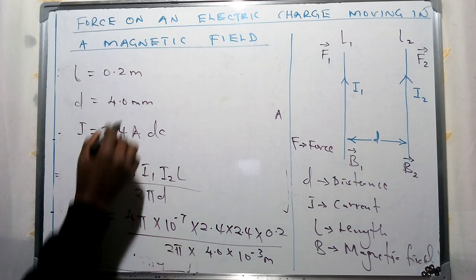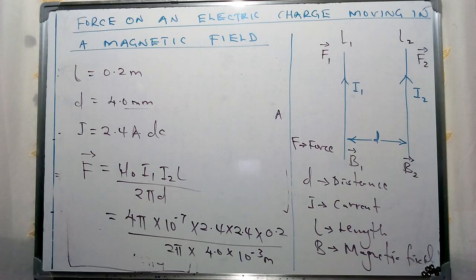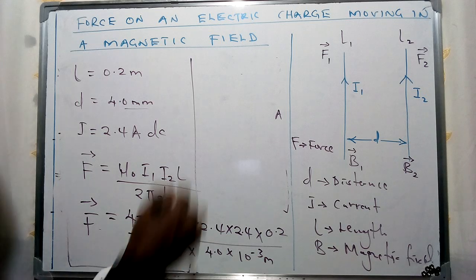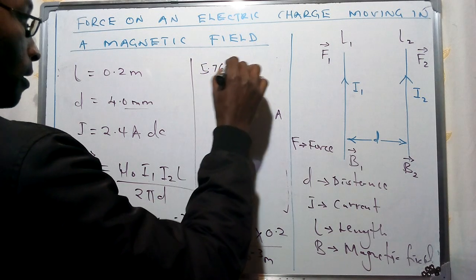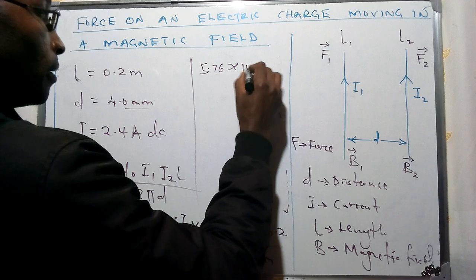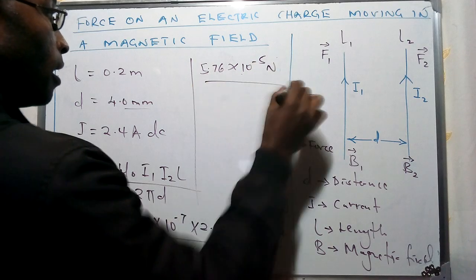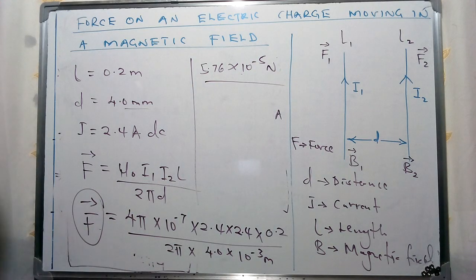I've converted this from millimeters to meters. That gives us the force experienced by each of these wires. From my end, I'm finding 5.76 times 10 raised to negative 5 newtons as the force experienced by each of these wires.